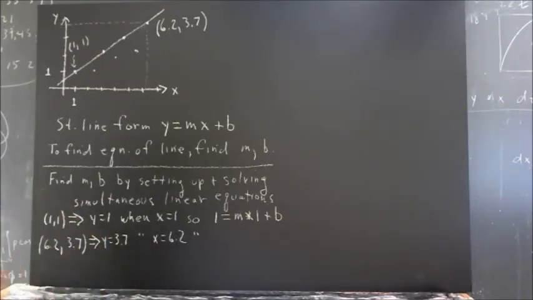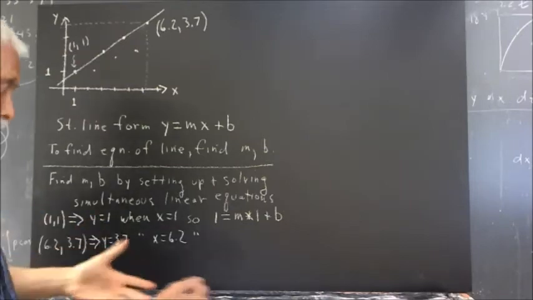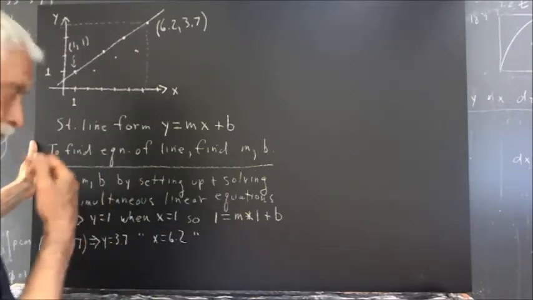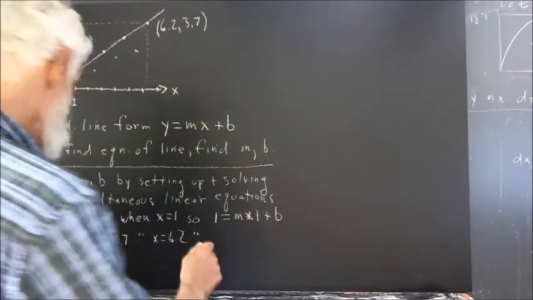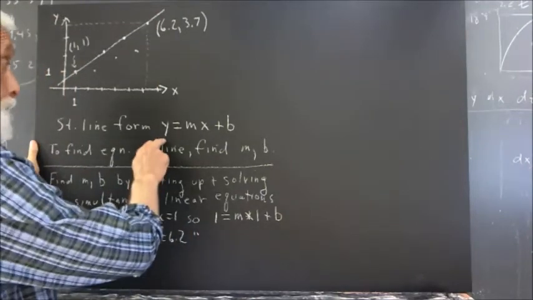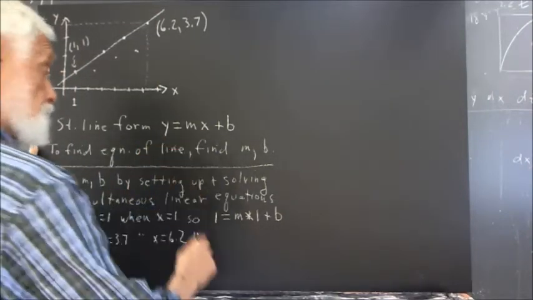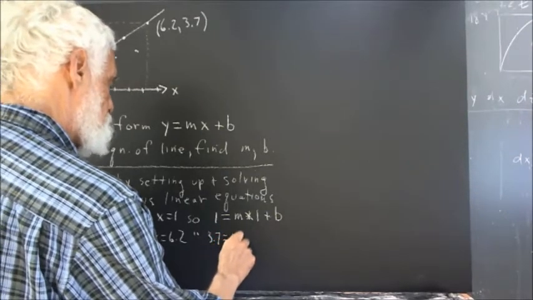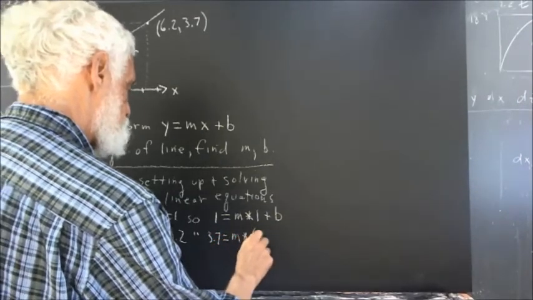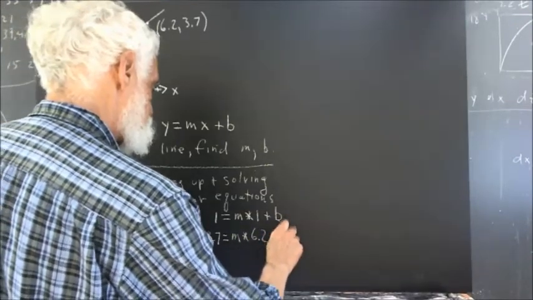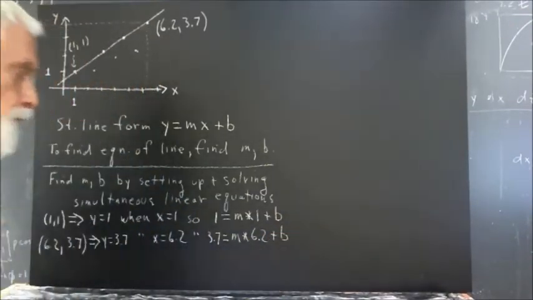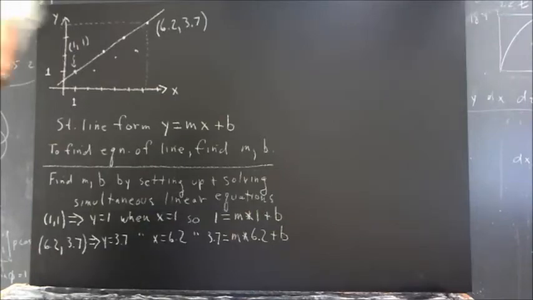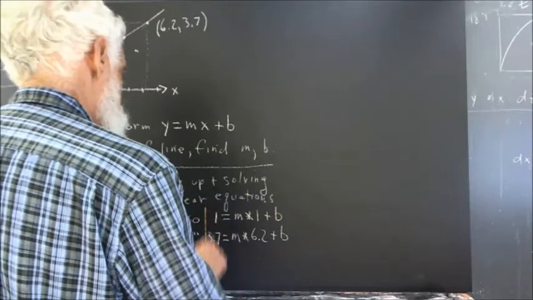You should think about that, have an opinion, so that when I write it down, you know whether you agreed with me or not, and you get a little feedback, okay? So, well, that means if y is 3.7 and x is 6.2, then we have 3.7 equals m times 6.2 plus b. And now we have two equations.